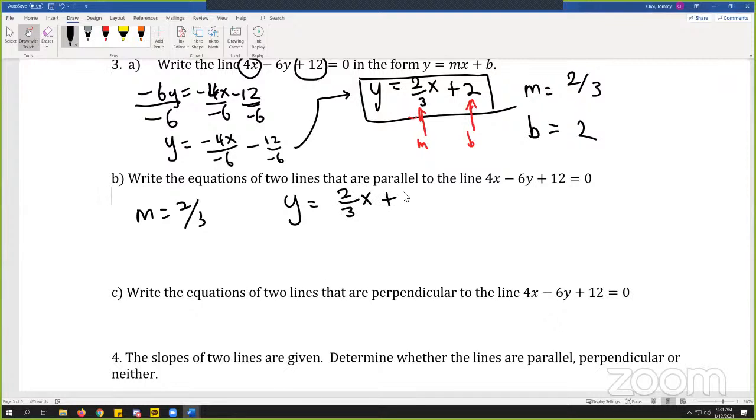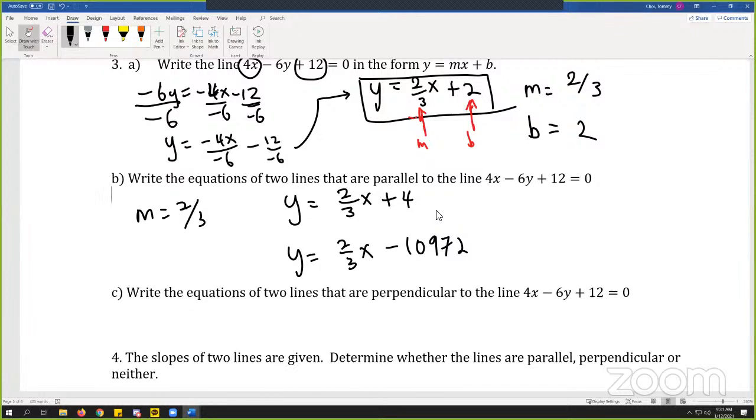I could say y equals 2 over 3x plus 4, or y equals 2 over 3x minus 100, or 10,972. It doesn't matter as long as you're not using the same number for b, right? The slope has to be the same, right? So it could be any number for b, as long as the slope is the same.